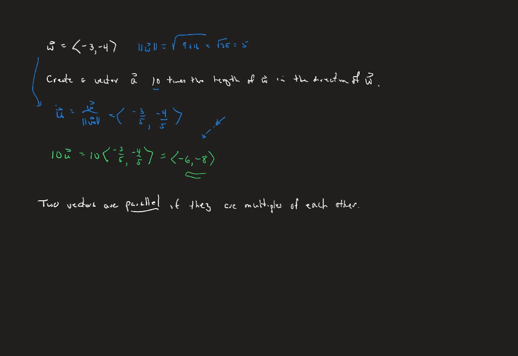So if P is the vector 2, 3, and Q is the vector negative 2, negative 3, the question is, are they parallel? And hopefully it's not too big a leap to say yes, and that's because P is equal to negative 1 times Q. So they are multiples of each other.